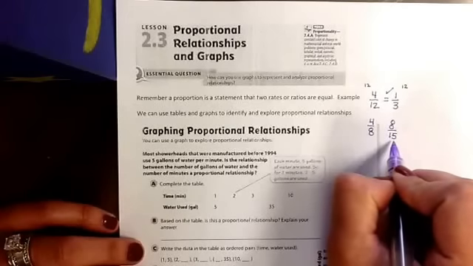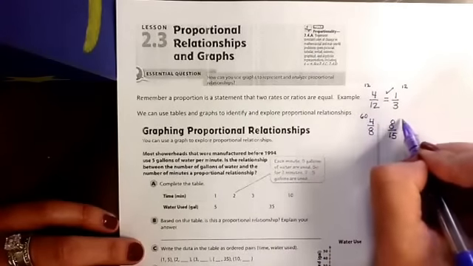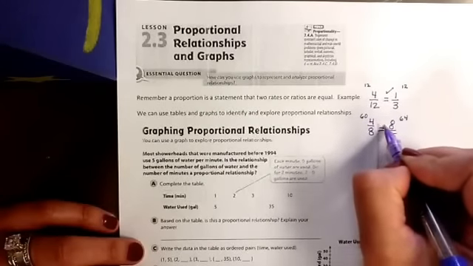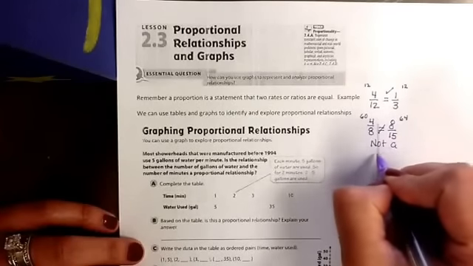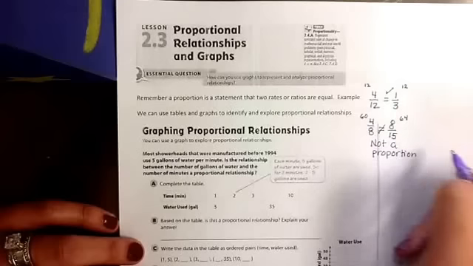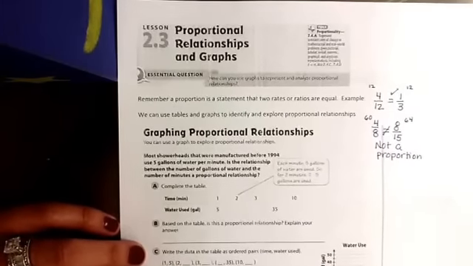Okay, if I multiply 4 times 15, that would be 60, and 8 times 8 would be 64. Because these two products are not equal, this would not form a proportion. So we can use tables and graphs to identify and explore proportional relationships.